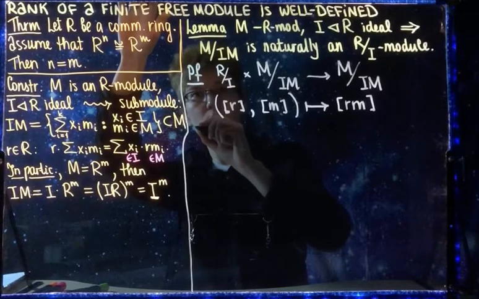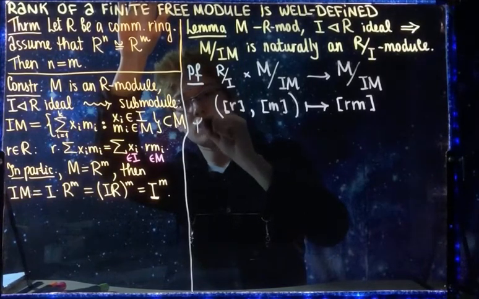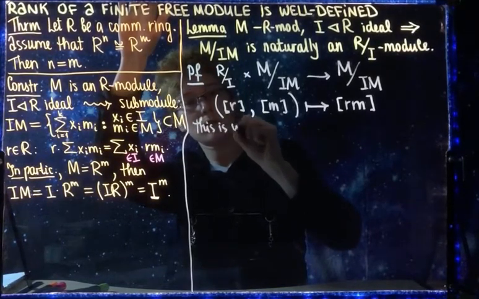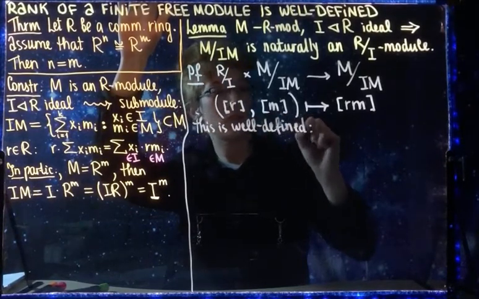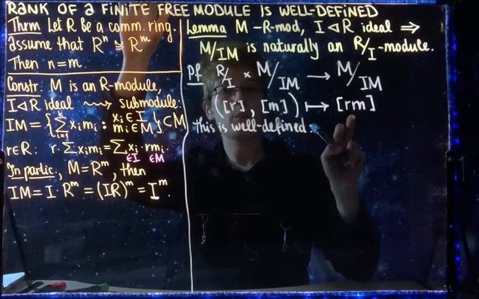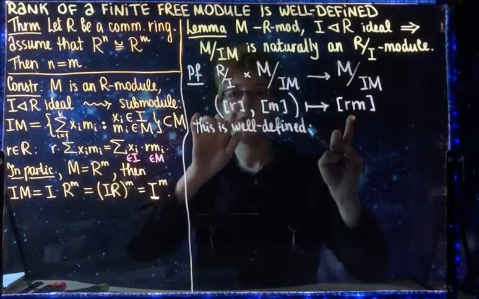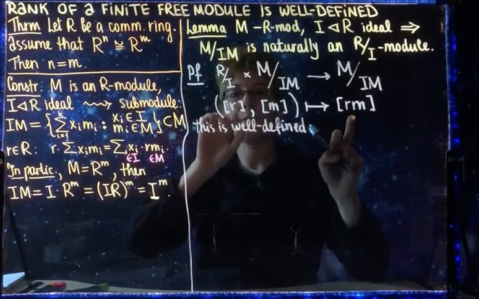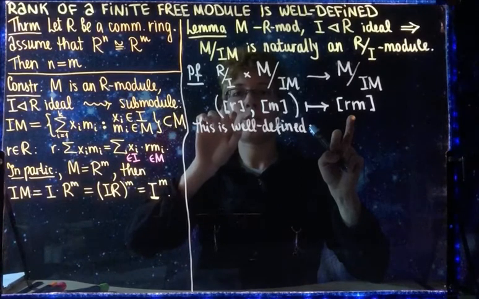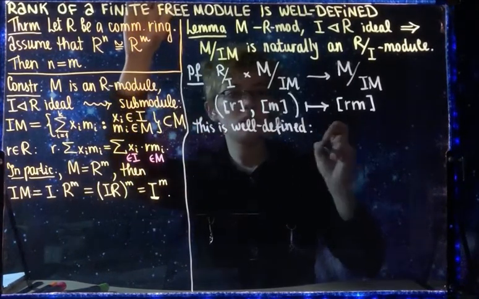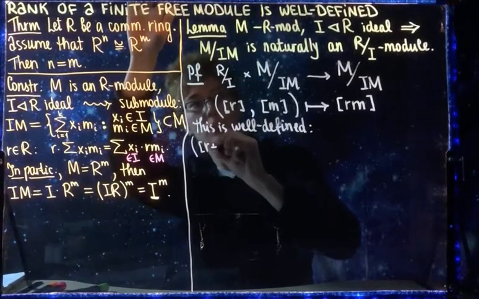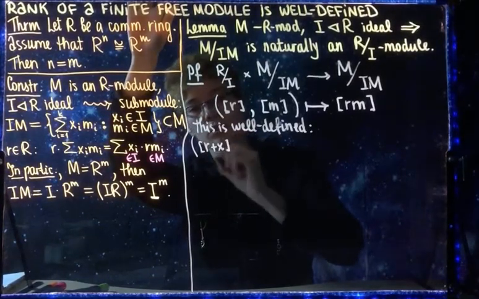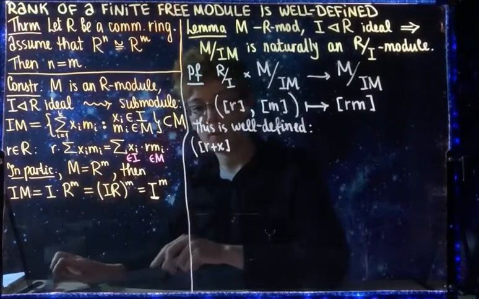So it remains to show that this is well defined, which means that this definition does not depend on whether I choose another representative from the equivalence class. So let me see where r plus x goes, where x is from the ideal.